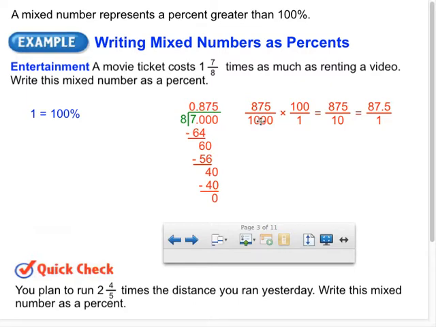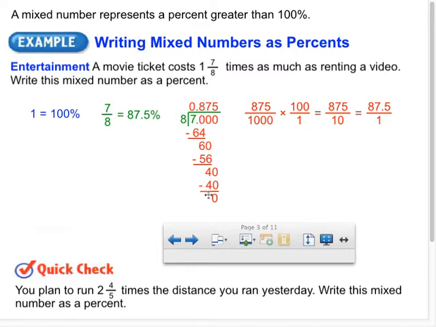And do you guys remember earlier, when we want to convert to a percent, we multiply by 100. This cancels. I'm just reviewing some methods we discussed earlier. Those cancel. I'm left with a 10 in the bottom. And then I got to move my decimal over 1. Here we go. So rewriting that as a percent, converting it from a decimal to a percent, I got 87 5/10%.